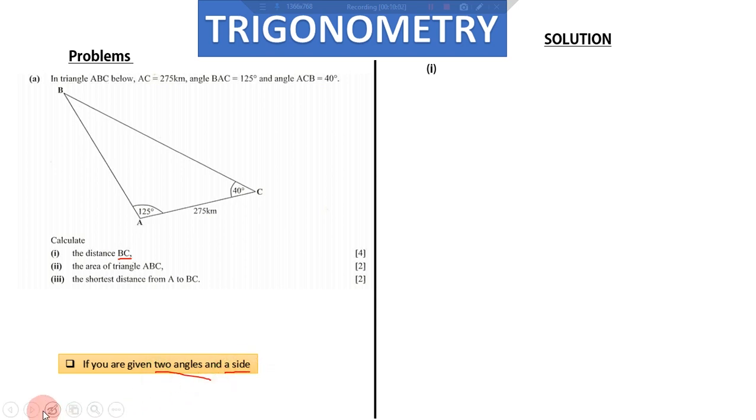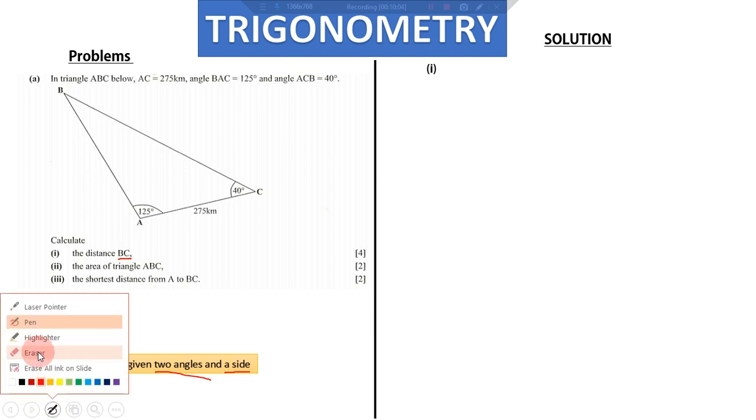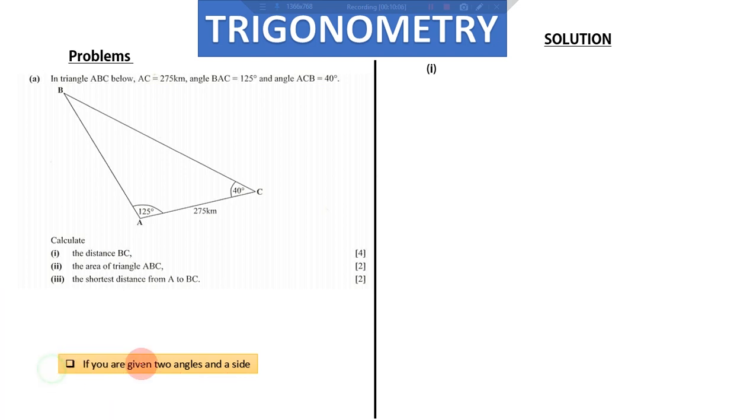Now, looking at our question, is it true that we are given two angles and a side? It's very true. You can see there's angle 125 and angle 40, two angles, and the side AC, which is 275. So sine rule can work.